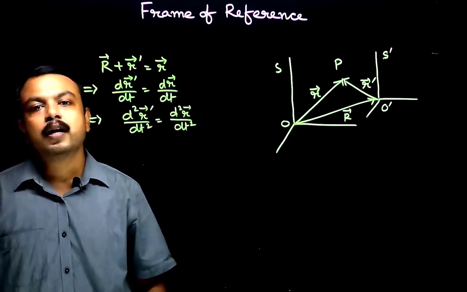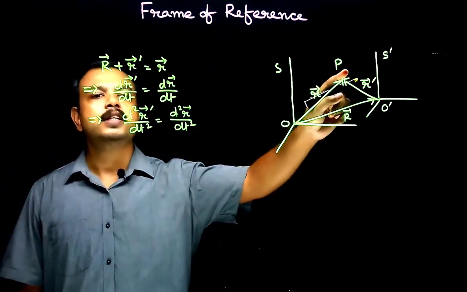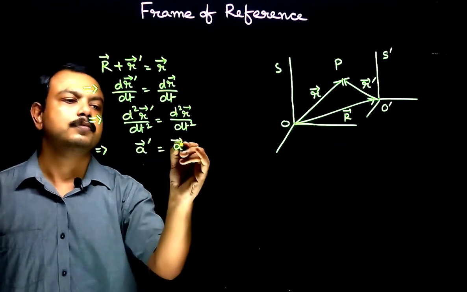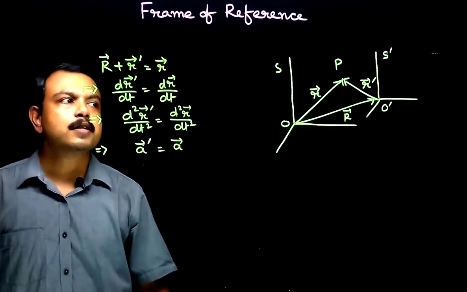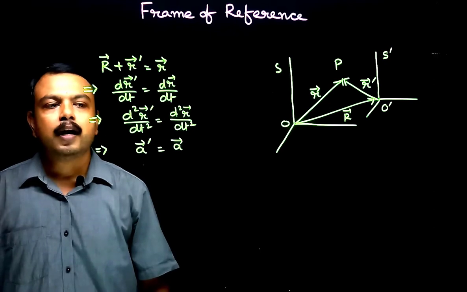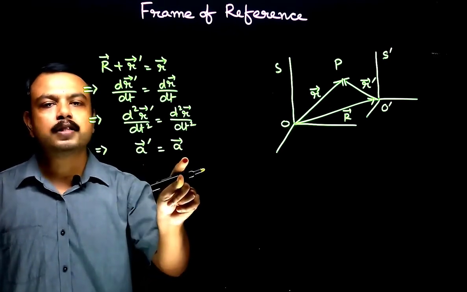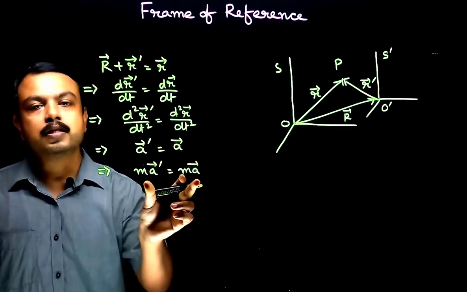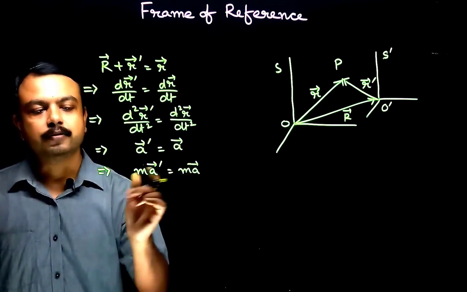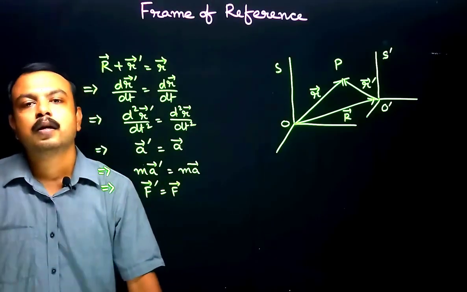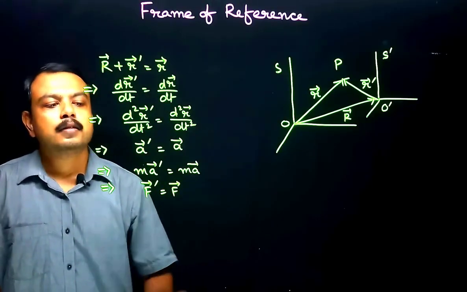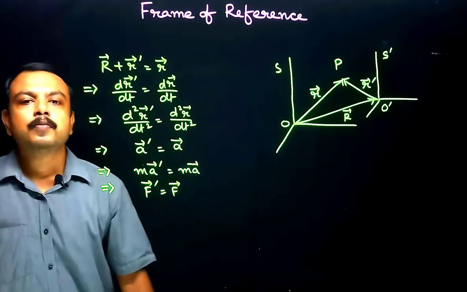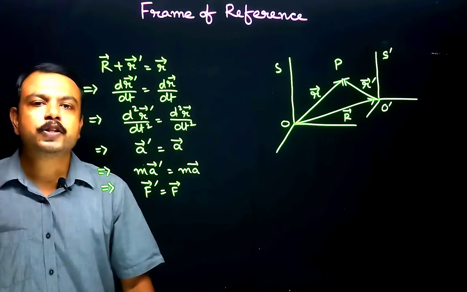This is nothing but the acceleration of point P with respect to frame of reference S prime and S. Now if we consider the mass of point P is m and we multiply m on both the sides of these equations, this equation is nothing but force equation. It means the force on both the frames of reference measured simultaneously is going to be the same.